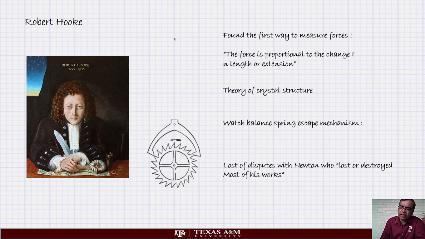He did work on the theory of crystal structure, he did springs, he did the escape mechanism for a watch, and he had lots of disputes with Newton. When Newton took over, he kind of lost or destroyed many of his works, and the picture that we have is really not his because it seems like it has been destroyed. So they really hated each other, and there were lots of problems. So that's Robert Hooke.